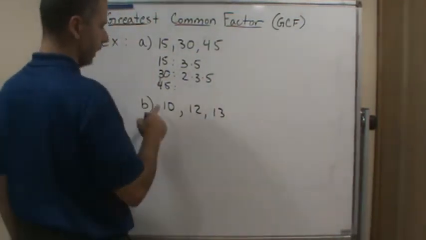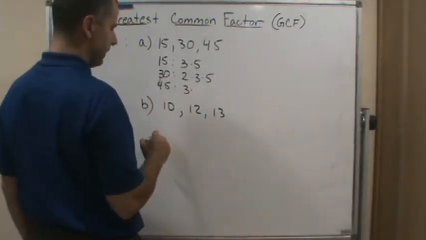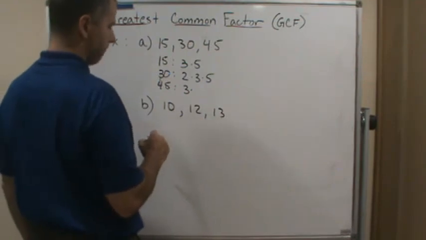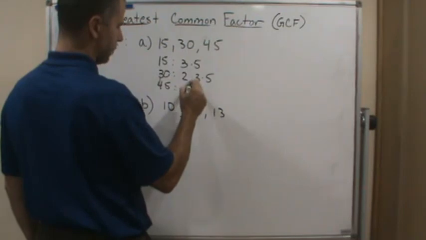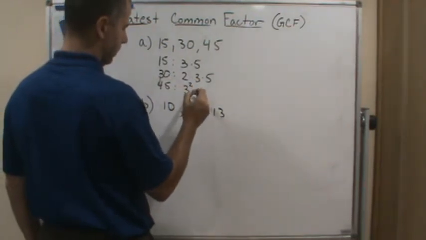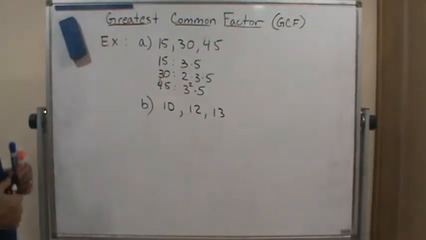Okay. And then 45 is going to be what? 3 times, well, it's going to be 3 squared times 5. Okay? So those are the prime factorizations.